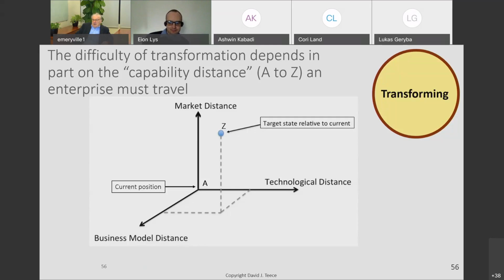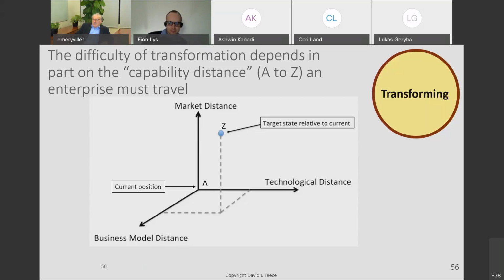So you can define the capability distance you have to travel by looking at these three dimensions. The difference between A and Z here is a measure of the distance you have to travel. What I should also do is a diagram which says it's a lot easier to go along one of those axes than to try and go along all three.